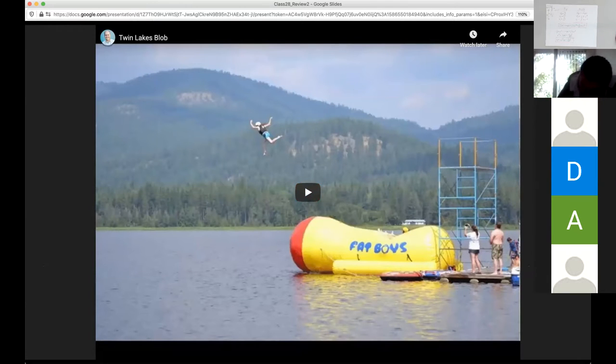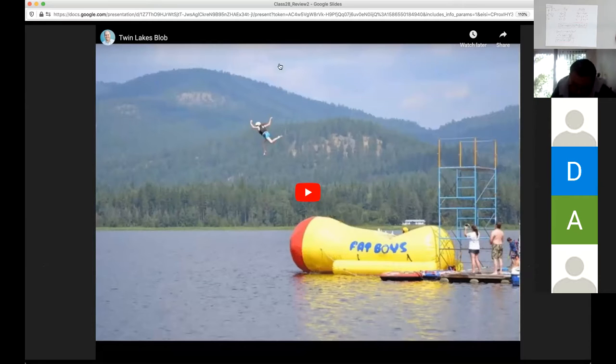So a couple of years ago, I was at a lake with my family, and one of my cousins brought this thing. Anybody ever seen one of these? Oh, they're a blast. So this is a giant bag of air.